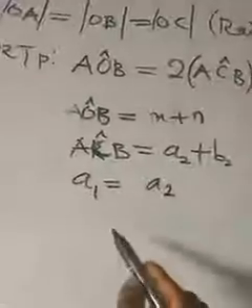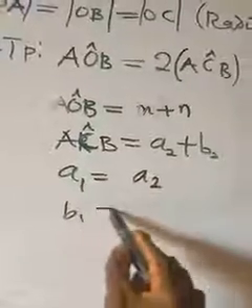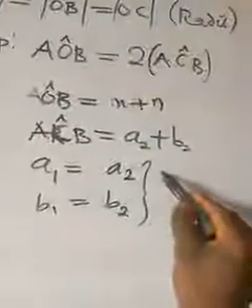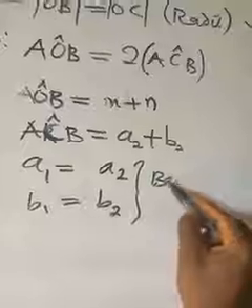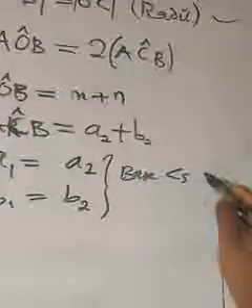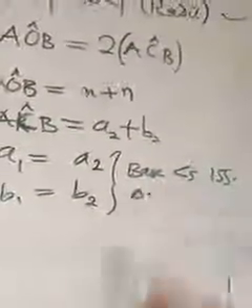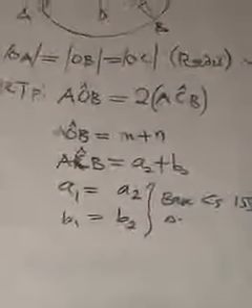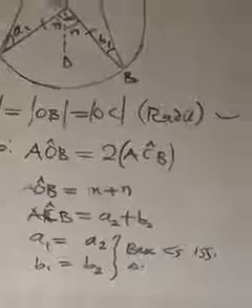Also, B1 is equal to B2, because they are base angles of an isosceles triangle, and the base angles of an isosceles triangle are equal to each other.